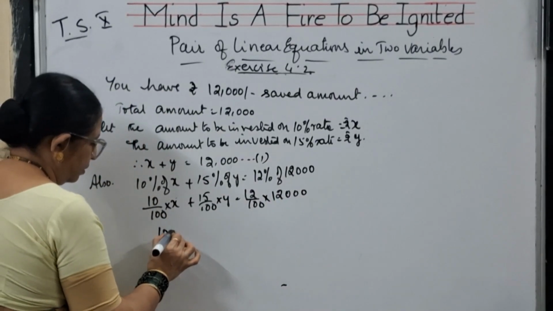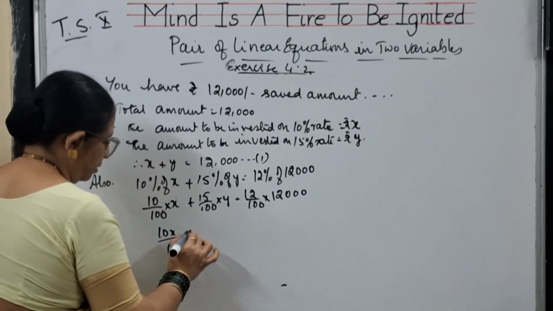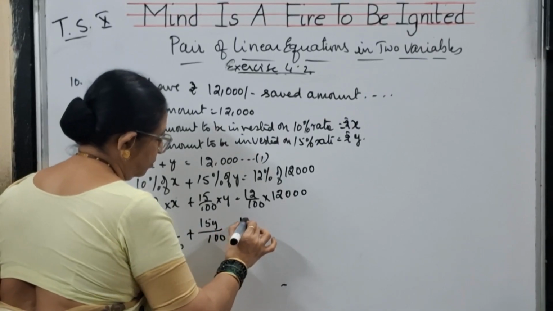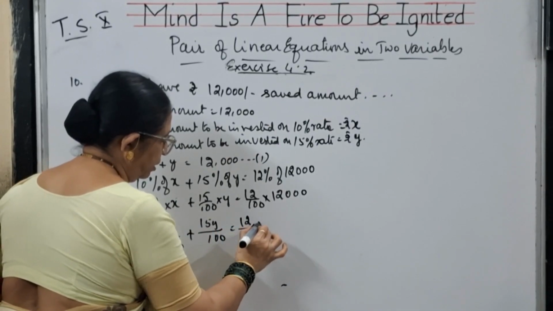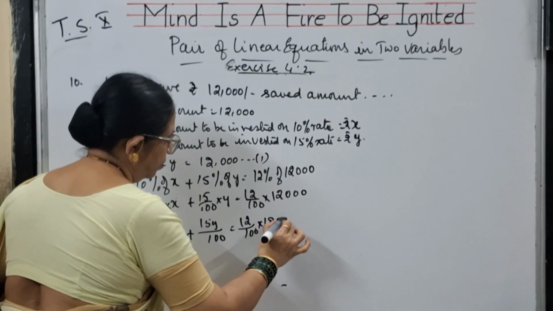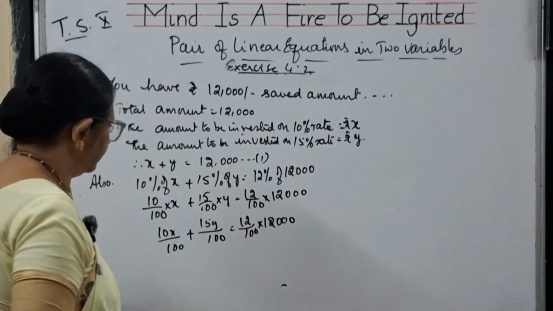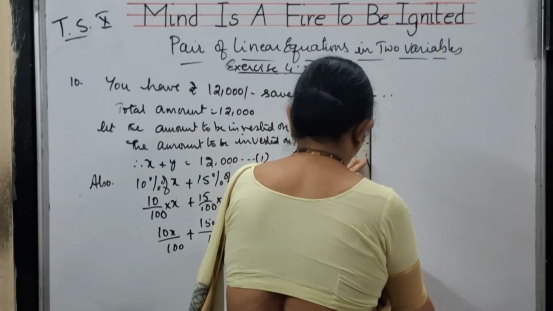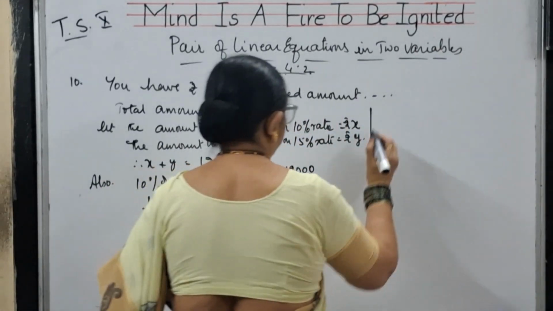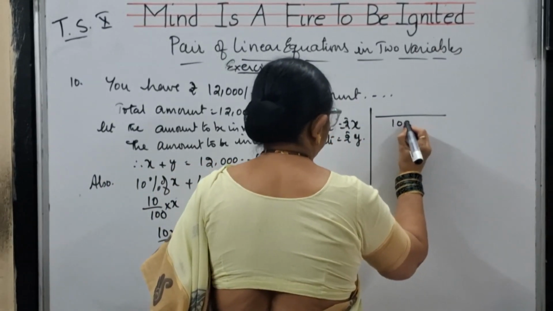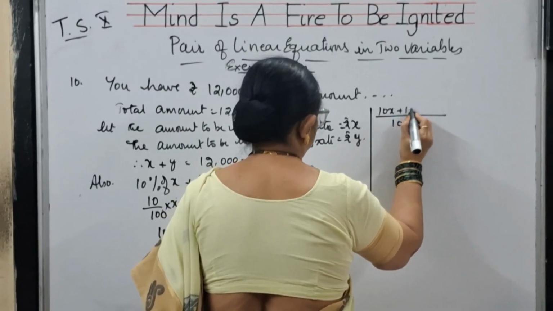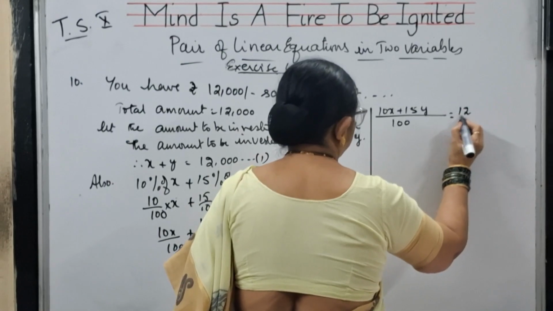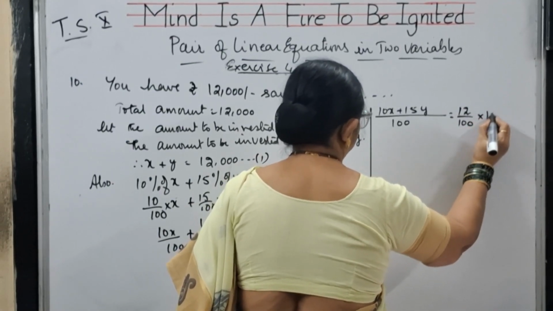That means 10x by 100 plus 15y by 100 is equal to 12 by 100 into 12,000. So let me take LCM first. If I take LCM on the left side, 100, 10x plus 15y is equal to 12 by 100 into 12,000.